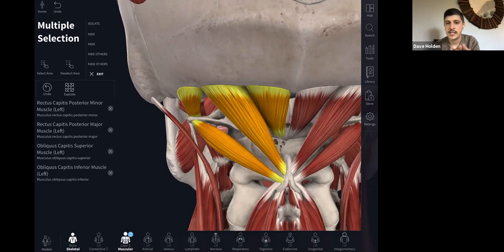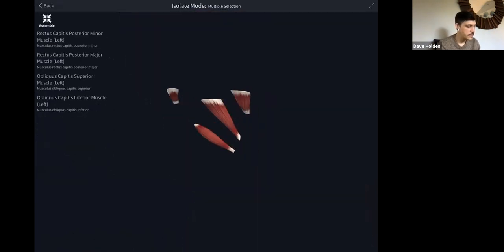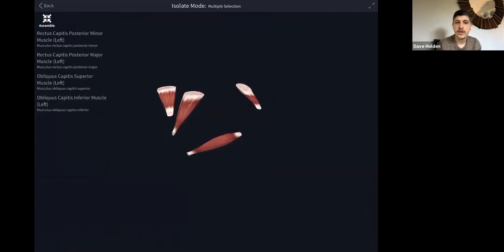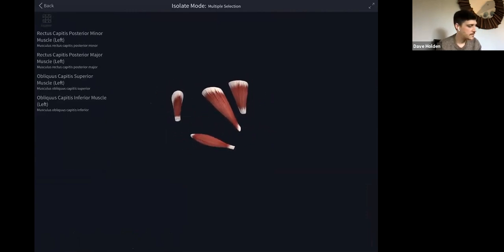I do not expect you guys to learn the names of these muscles. We're just gonna call these the suboccipitals. Cool? Everybody cool with that? Cool. So these are your suboccipitals. I can't explode them out so we get a little bit better look at them, but there's not really a whole lot to see. They're very small muscles.